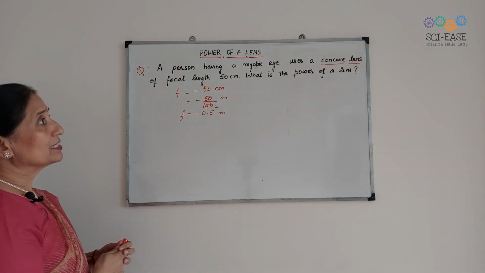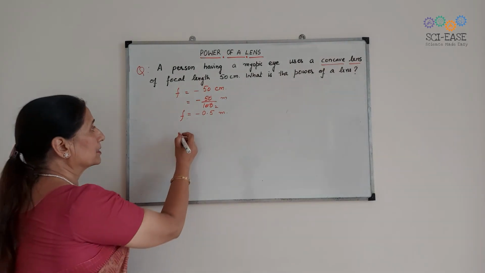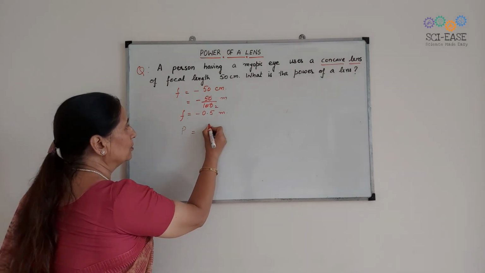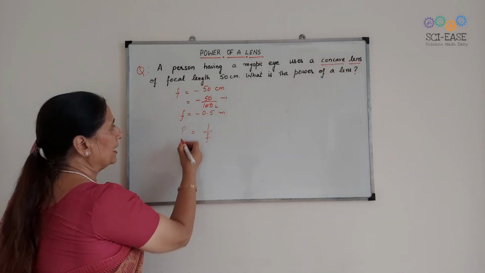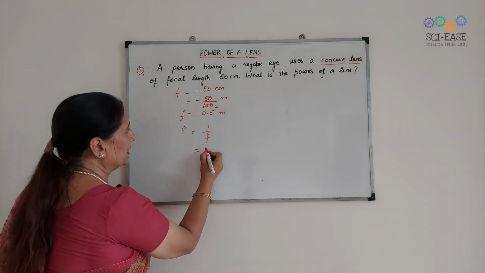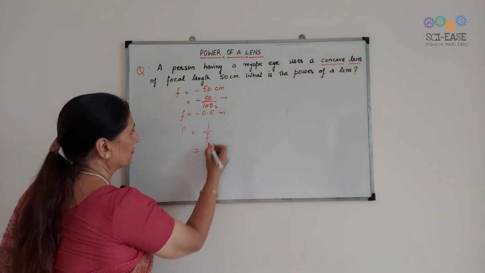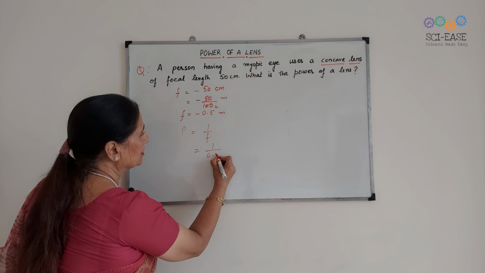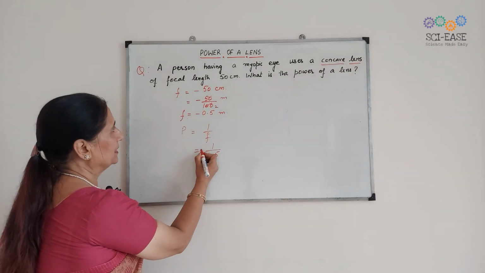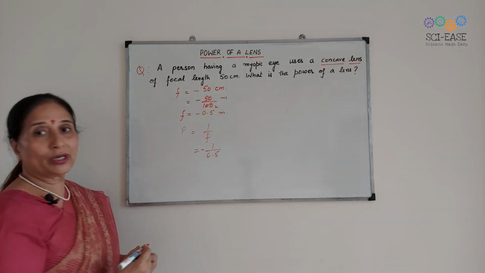Now the next thing is we are to calculate power. So P is equal to 1 by f. And what is f? It is 1 by minus 0.5. Okay.